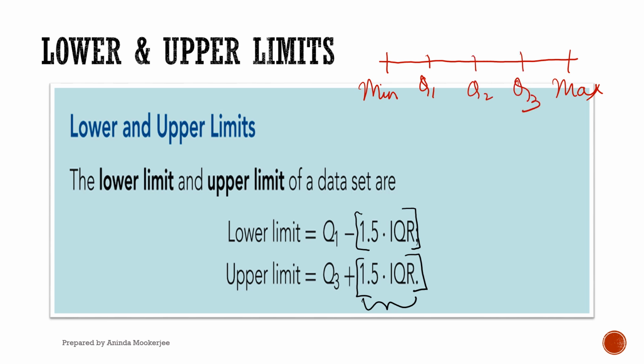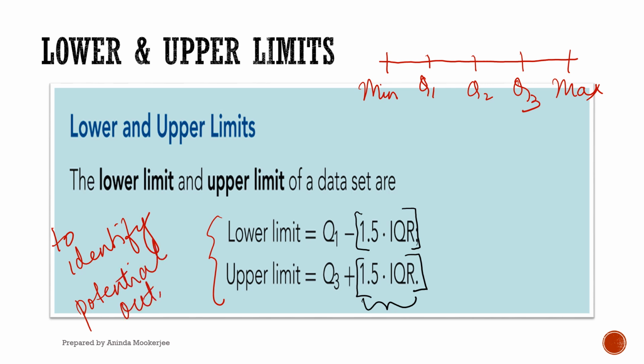Now, what the lower limit and the upper limit help us with is to identify any potential outliers in the data set. That means values that probably don't belong in the data set. They are extreme values.